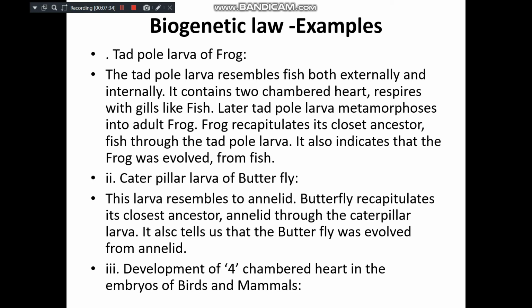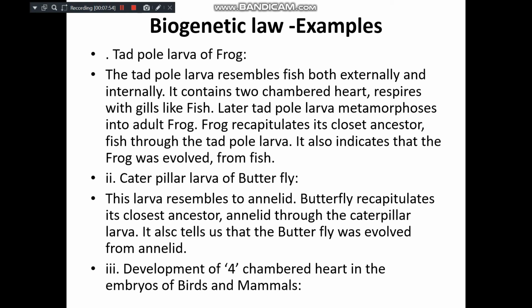Even if you see the caterpillar larva of the butterfly, caterpillars you must have seen many, in Kannada you call them kambaligalu. They are nothing but the larva of the butterfly, and the larva resembles an annelid.